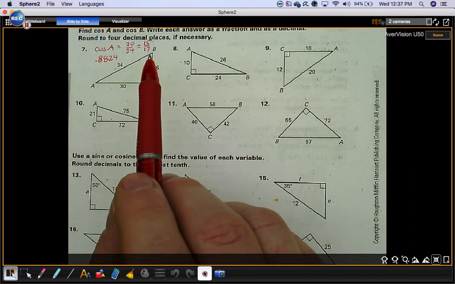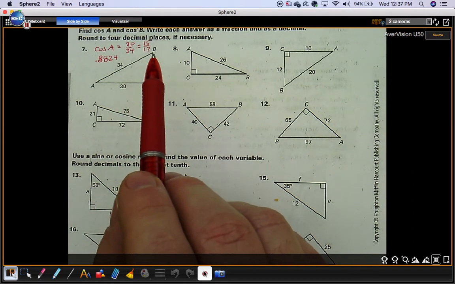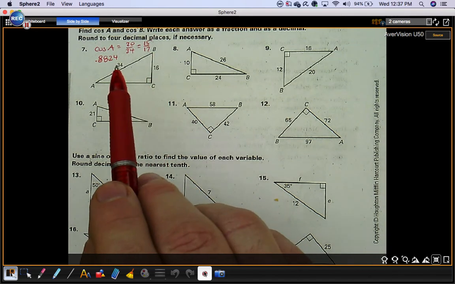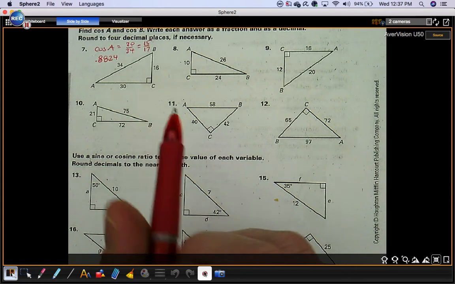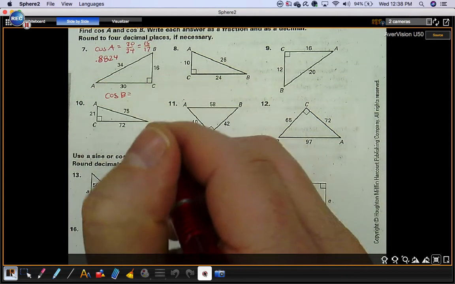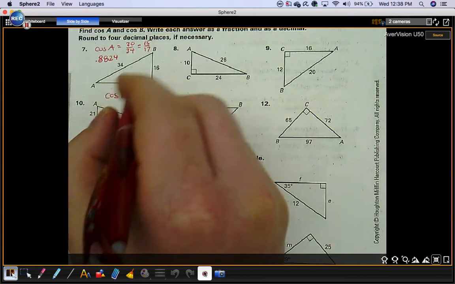Now when you switch acute angles, and we're talking about angle B, your adjacent is now 16, your hypotenuse is 34. Space is tight. If you need a separate piece of paper, obviously use a separate piece of paper.